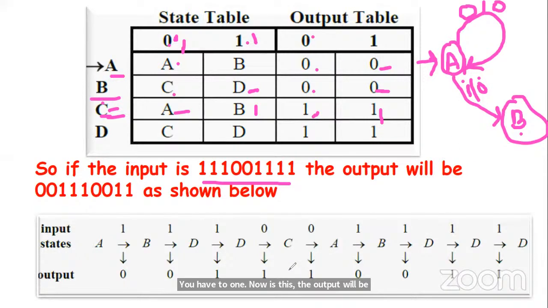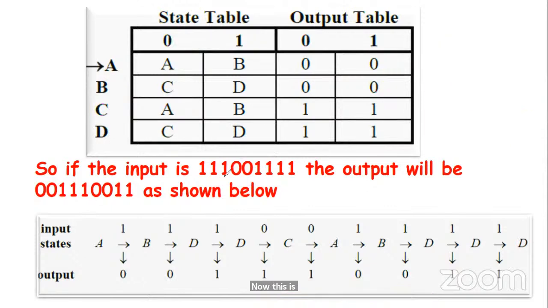So let's see how that output will be, so that we can now move forward very quickly. So look at this diagram here. Okay, let me clean it. So these are the inputs we have. And this is the table that we have, the transition function.